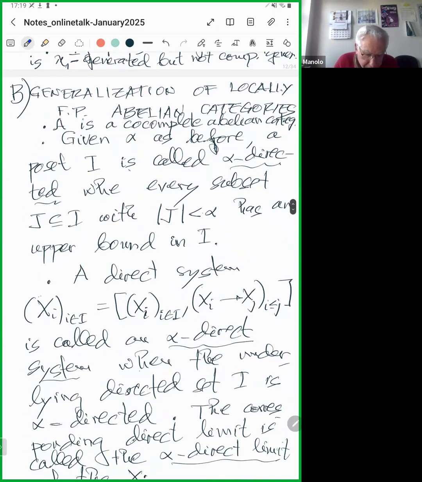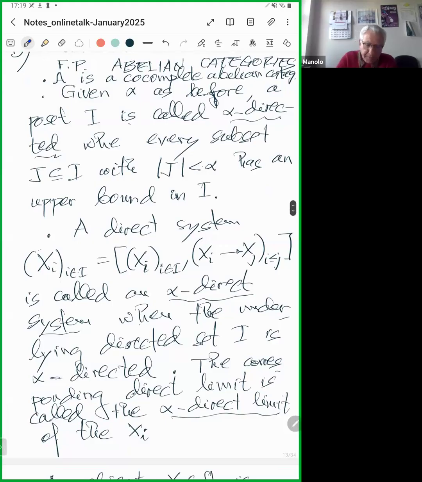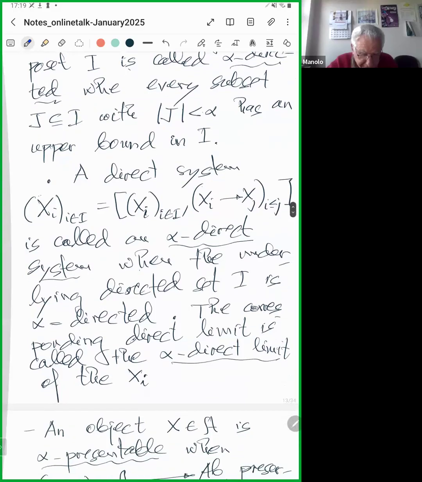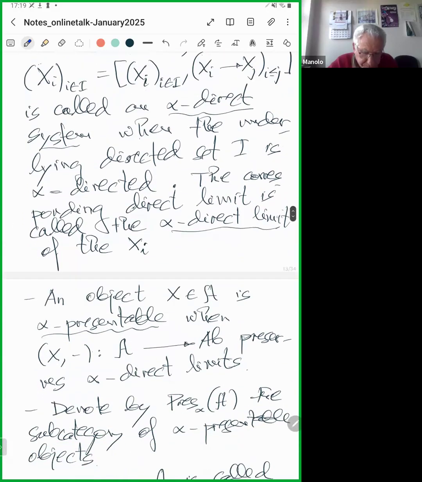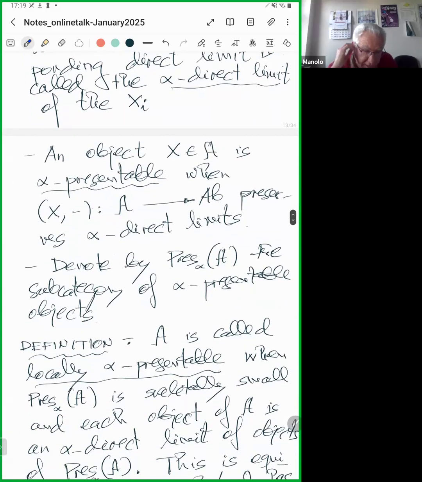A direct system is called an alpha direct system when the underlying directed set I is alpha directed. The corresponding direct limit is called the alpha direct limit of the X_i. An object X is alpha presentable when the associated covariant functor preserves alpha direct limits.